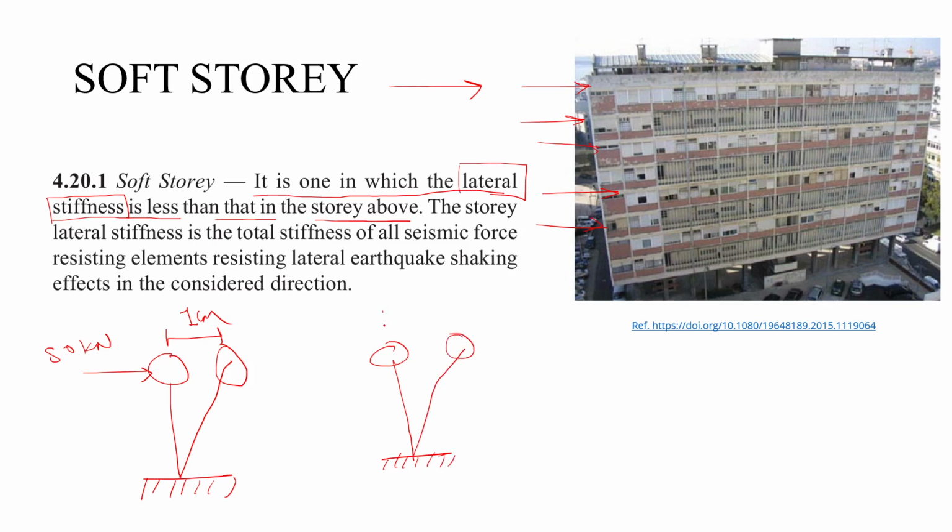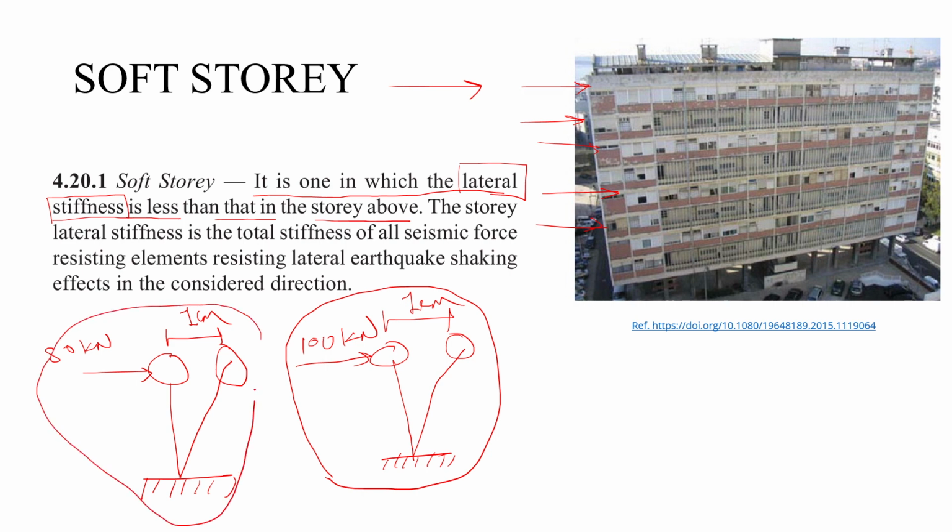In order to move this structure by 1 centimeter I'll require 100 kilonewton. That means this structure is stiff and the other structure is flexible. Stiffness means force required for unit displacement.